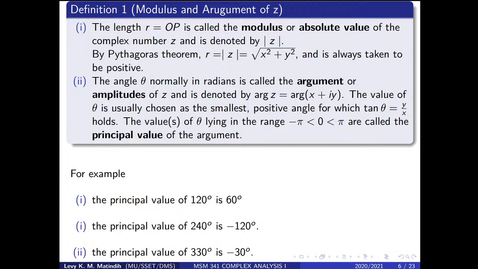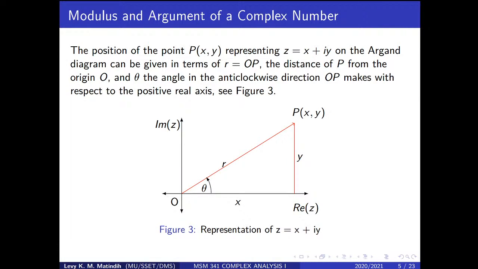Now, the issue here is how can we get the argument of a given complex number? If I can take you back to this diagram, in the scenario where a complex number has been given, you should be able to get the real part and the imaginary part of that complex number.